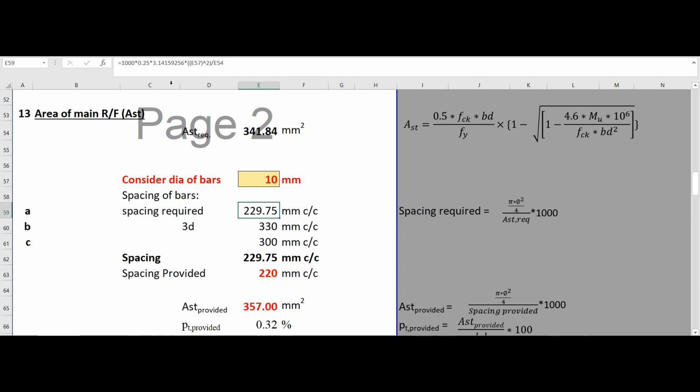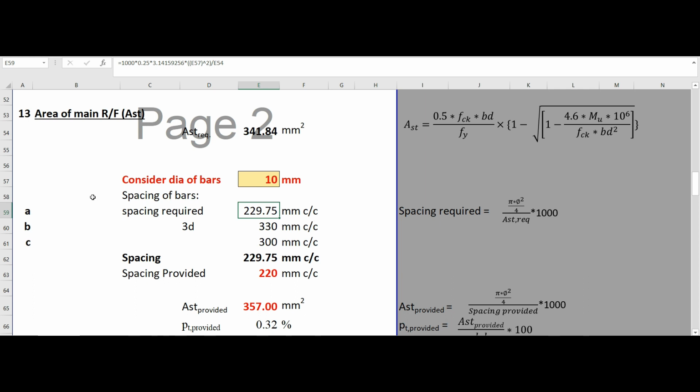Here pi by 4, pi is 3.14 by 4, so we have multiplied by 0.25, multiplied by the diameter of bar square, which is 10 mm whole square, multiplying it by 1000 and dividing it by the area of steel required. So we get the spacing required as 229.75 mm center to center.